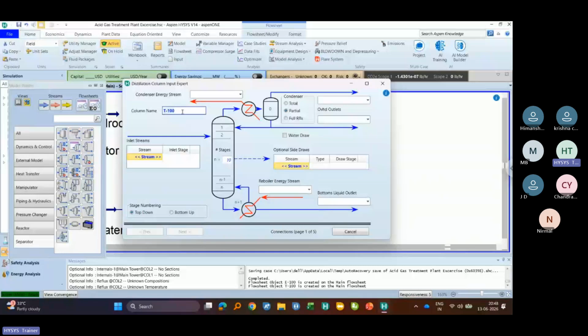Column name is distillation column. We will define the energy streams for condenser as Q condenser, and similarly for reboiler, we will define the stream as Q reboiler.